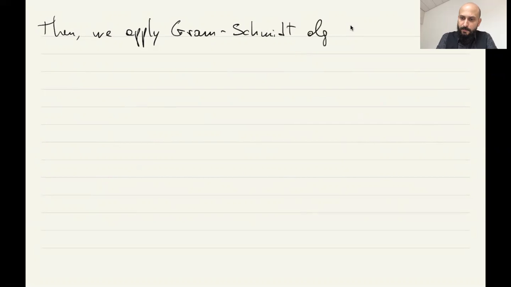So then we apply the Gram-Schmidt algorithm. So what we do, we define the first one. So the first vector is just the first vector, x sigma 1, normalized.